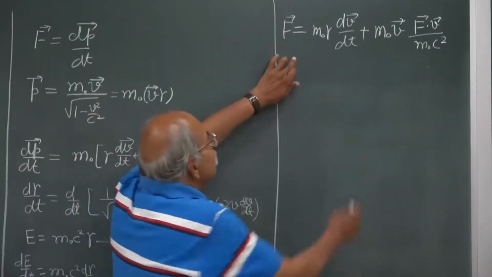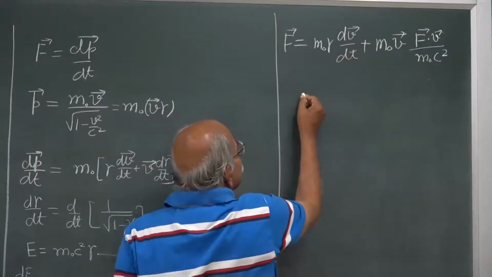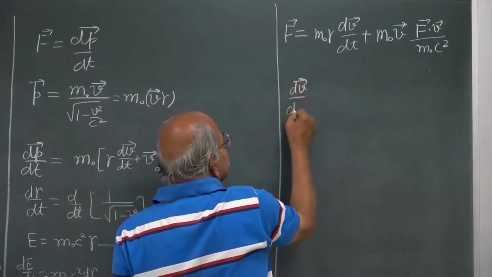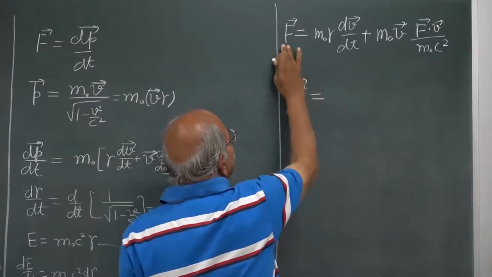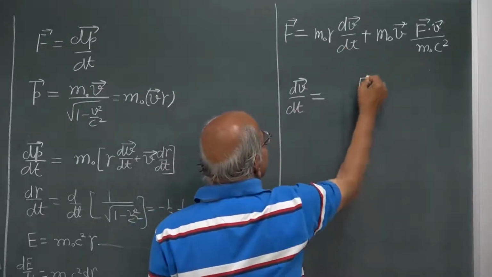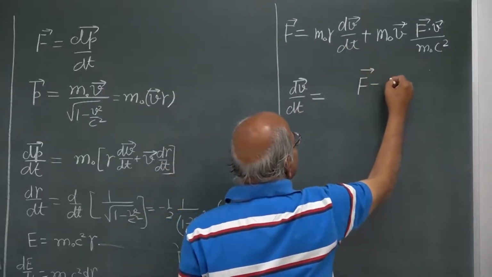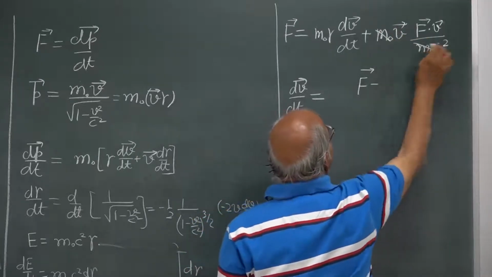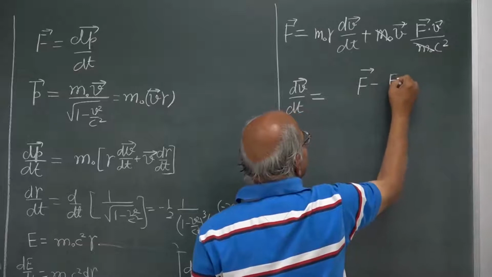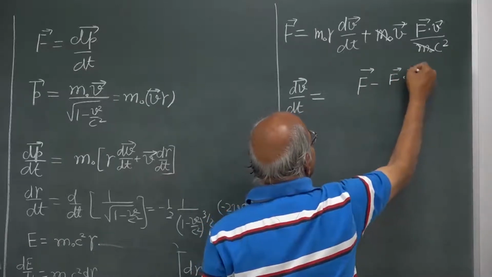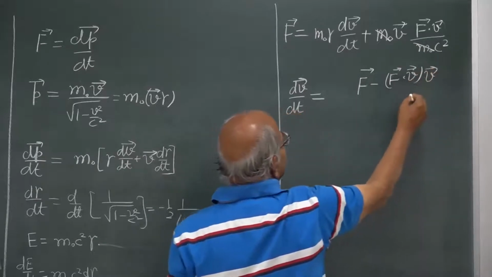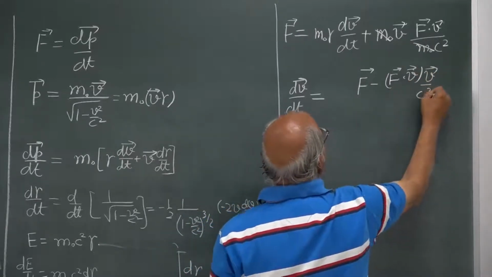So, from here you can write dv/dt. Your dv/dt is this minus this. First let me write that F minus, this m naught you can cancel, so F, and then you have F dot v here, this is a scalar quantity, then this v here, divided by that c square.